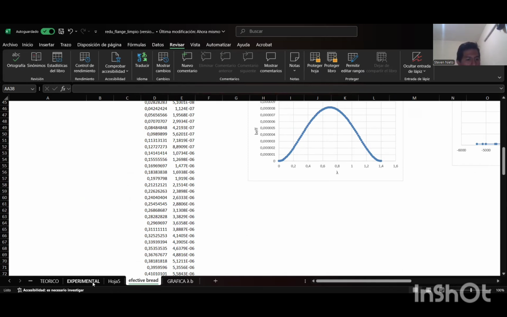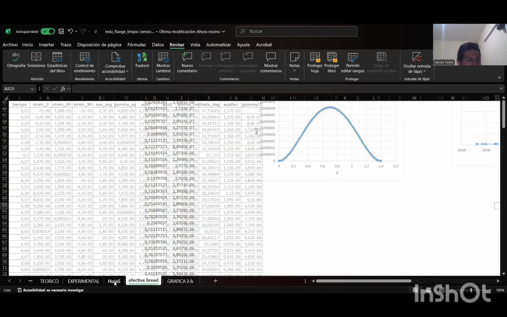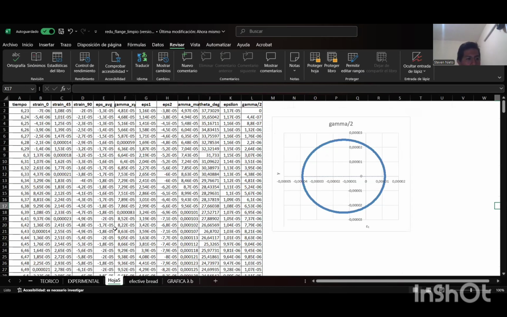And the Mohr's circle was constructed, revealing a typical plane stress behavior, with the circle radius increasing with load and the elliptical form reflecting the presence of normal and shear stress.